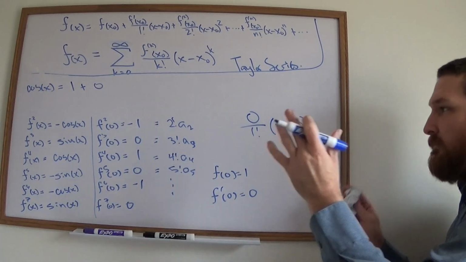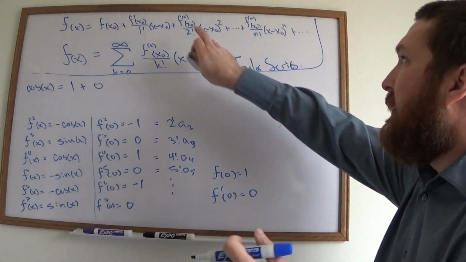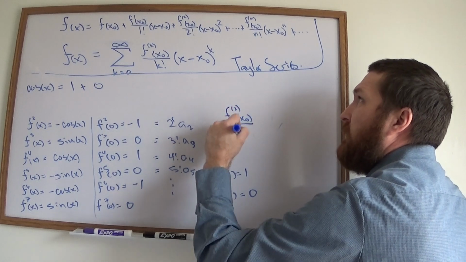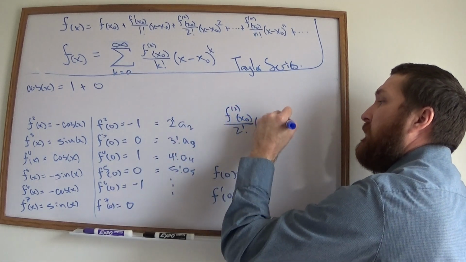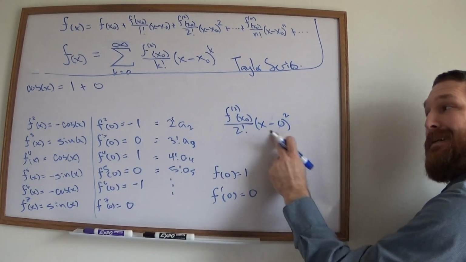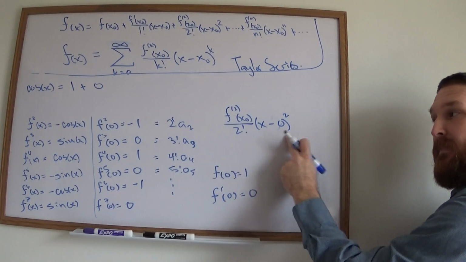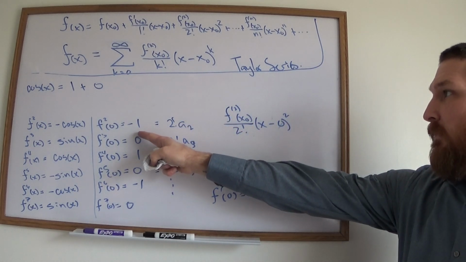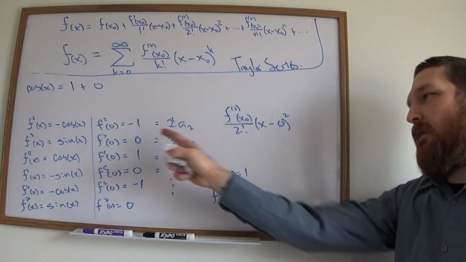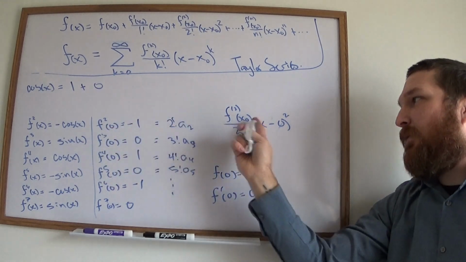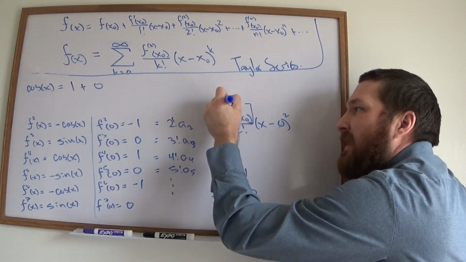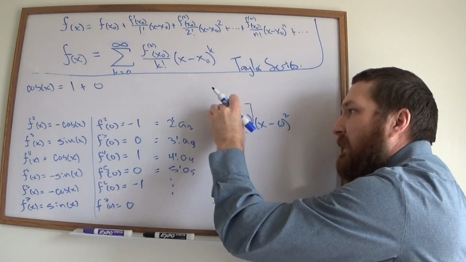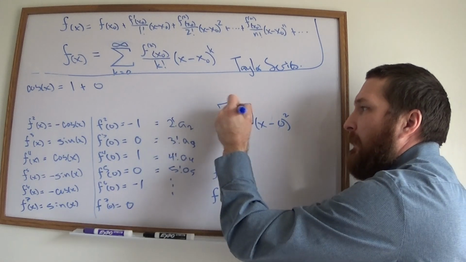The next one, the second derivative at x0 over 2 factorial times x minus x0: the second derivative evaluated there is a negative 1, so when I plug it in, it should look like that.